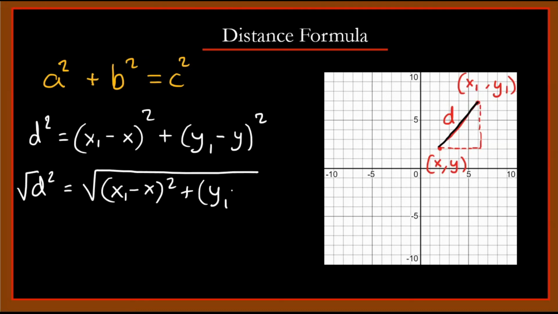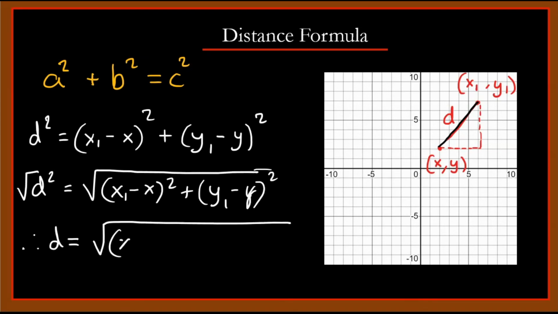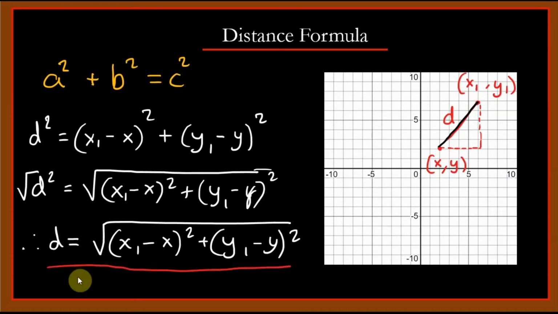So we have d equals square root of x1 minus x the whole square plus y1 minus y the whole square. So this is the distance formula to find the length or distance between any 2 points on the xy plane.